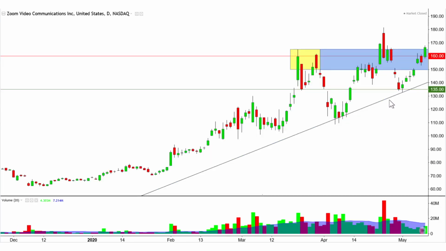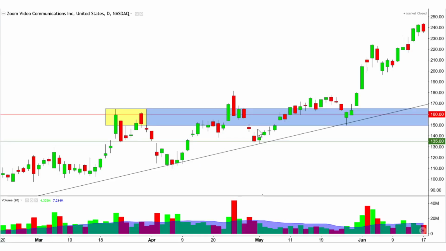Then when a single trend line is combined with a horizontal level or range, the result is often various types of triangle formations. Like a normal trend line, Zoom is tipped upwards on this trajectory to form an ascending triangle with a characteristic strong break to new record highs above the firm 160 resistance area.